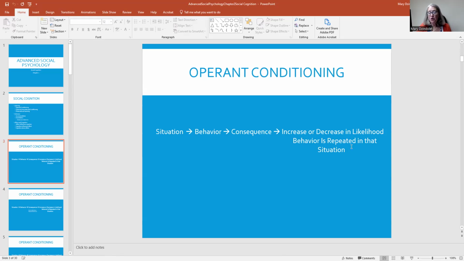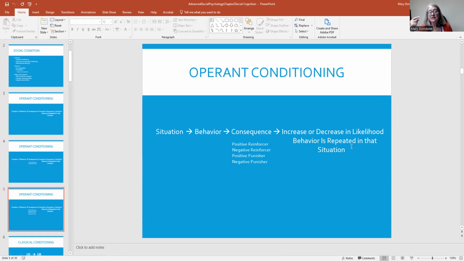Okay? So now when we get to operant conditioning, we name the consequences very specific names. They could be positive or negative reinforcers, and they could be positive or negative punishers. So let's talk about what these are. First of all are reinforcers. Reinforcers always increase the likelihood that the behavior is repeated in that situation.